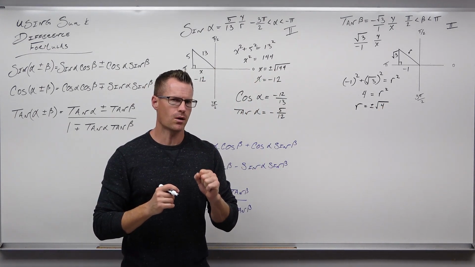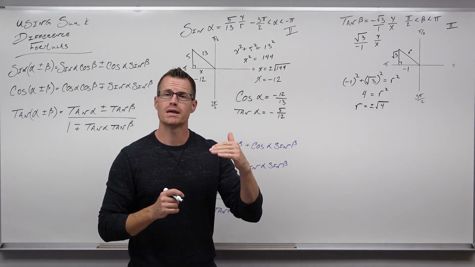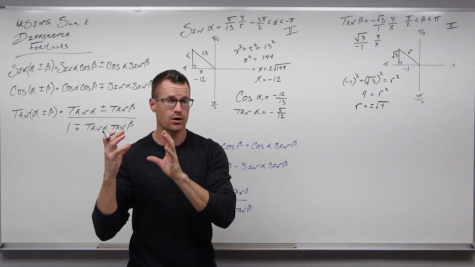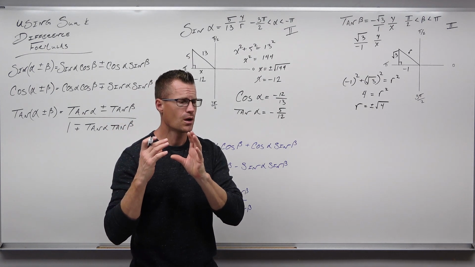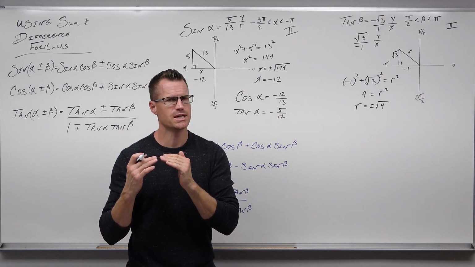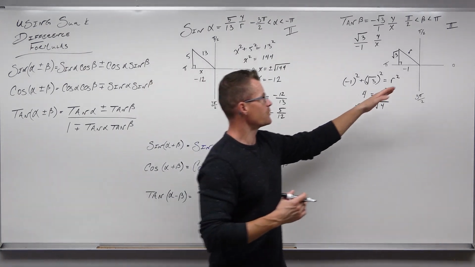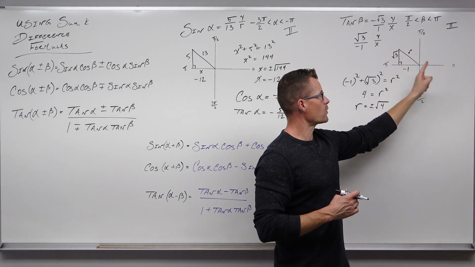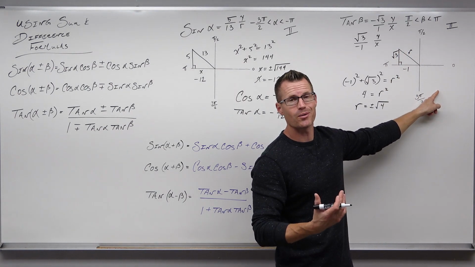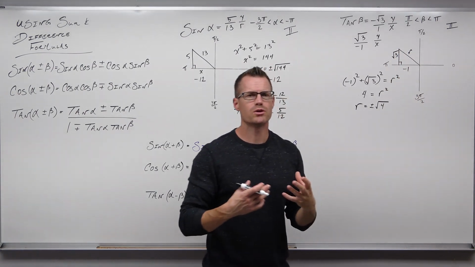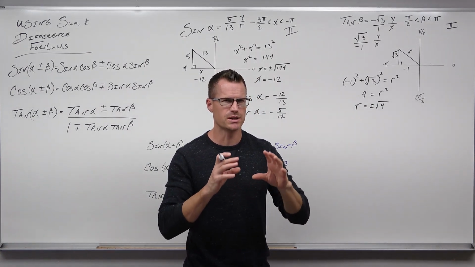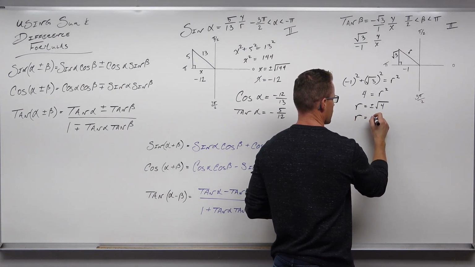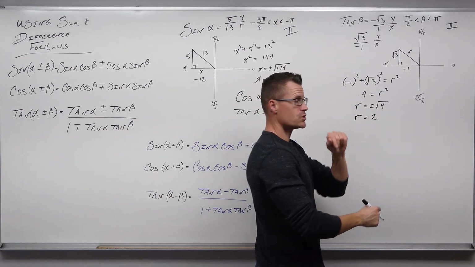We want to keep r positive because it will keep us in the same quadrant. So your x's and your y's really put you in the correct quadrant. We don't really ever take the negative r, because if we did, that would swing us all the way back into quadrant 4, which is what we were trying to get away from in the first place. So in general, you really just keep the positive when you're dealing with this type of trigonometry. So r is 2.